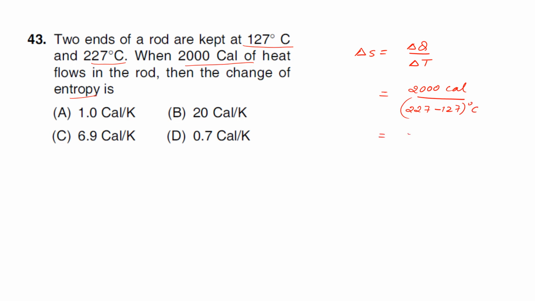So it is 2000 calories divided by 100 degrees Celsius. Therefore 20 calories per degree Celsius is the answer. Otherwise it is given by 20 calories per Kelvin. Option B is correct.